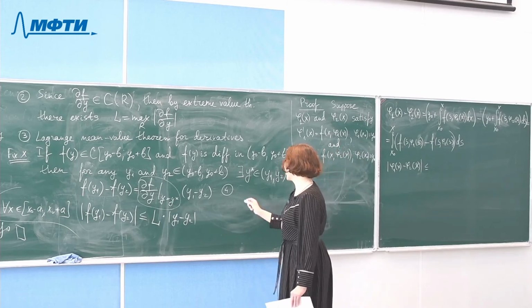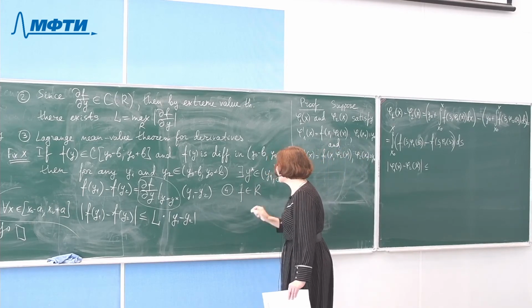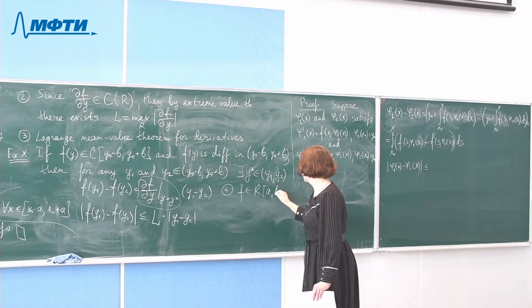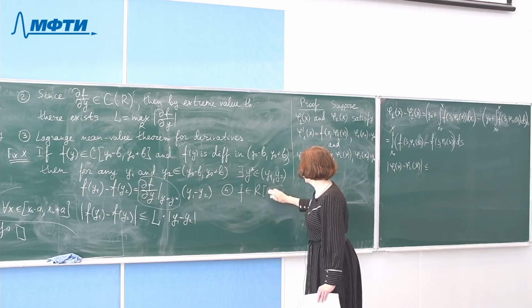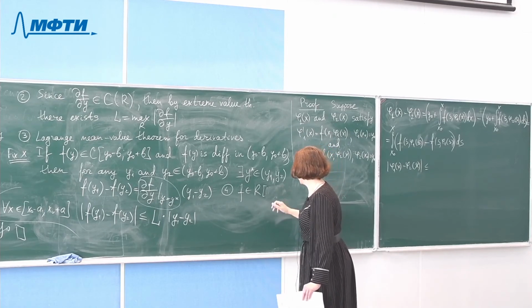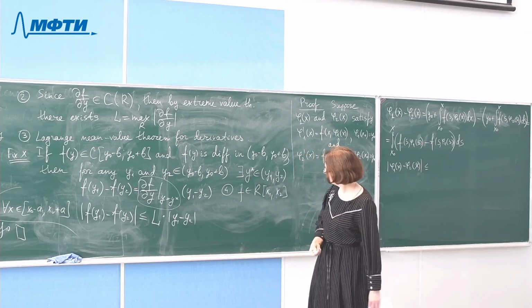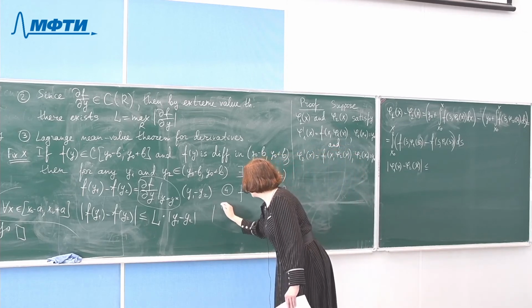Fact number 4. If we have a function which is Riemann integrable on some closed interval from x1 to x2, then we have the following inequality.